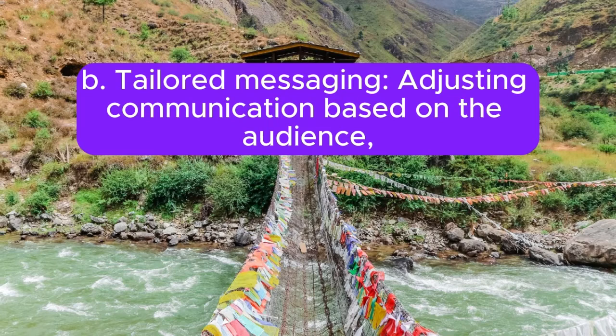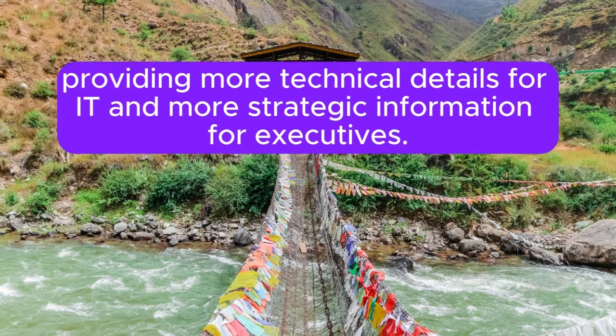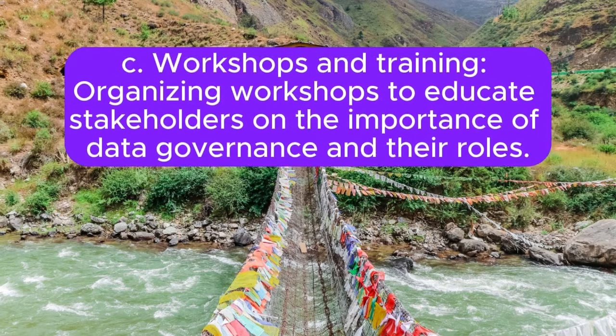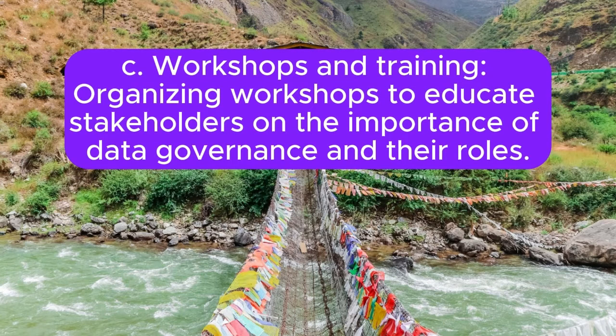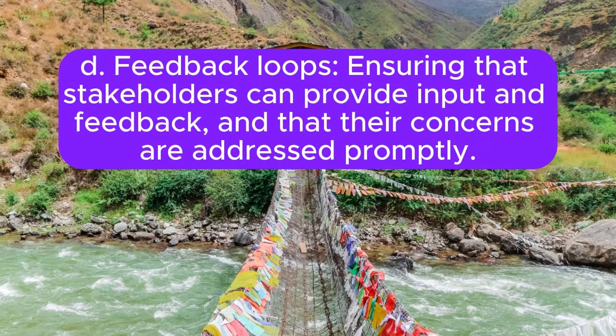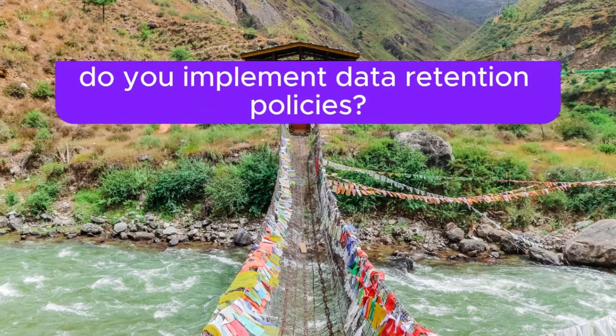B. Tailored messaging: adjusting communication based on the audience, providing more technical details for IT and more strategic information for executives. C. Workshops and training: organizing workshops to educate stakeholders on the importance of data governance and their roles. D. Feedback loops: ensuring that stakeholders can provide input and feedback and that their concerns are addressed promptly. 25.